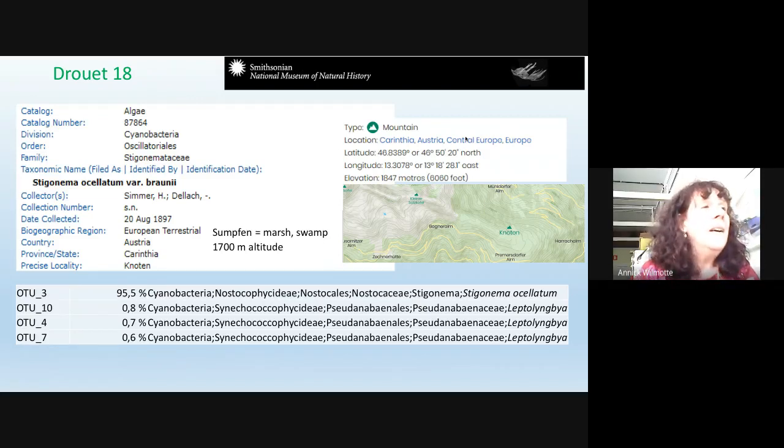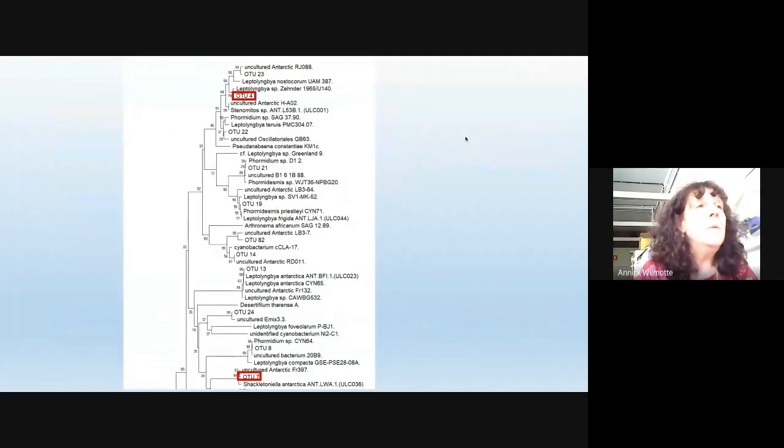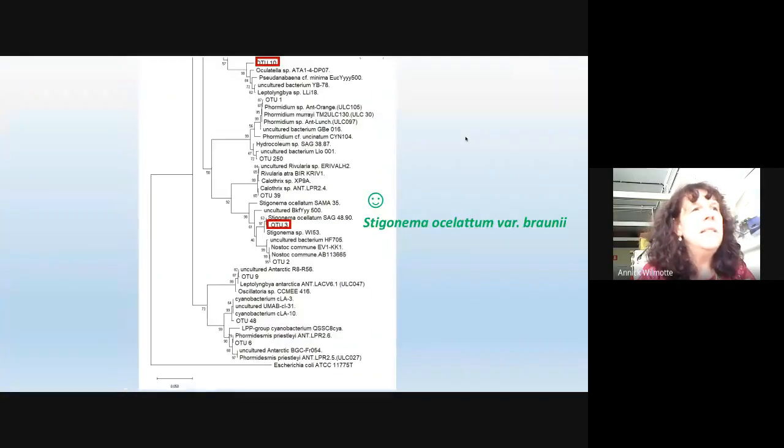And next, you will see that it's exactly what was supposed to be in the sample. Next. So in this tree, you see those two OTUs where they are located. And next, you will see the other part of the tree and the fact that Stygonema ocellatum was what was supposed to be there.